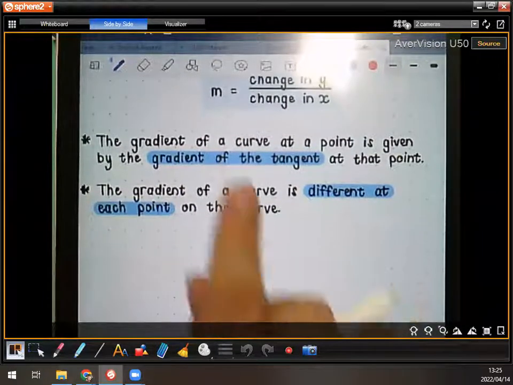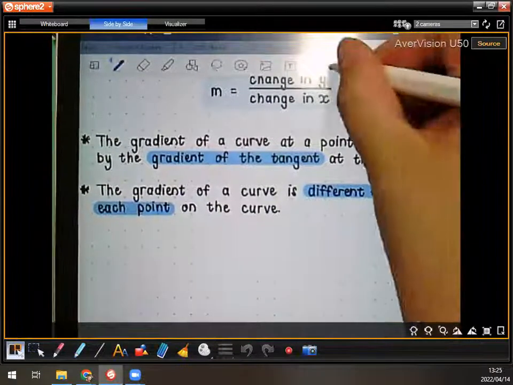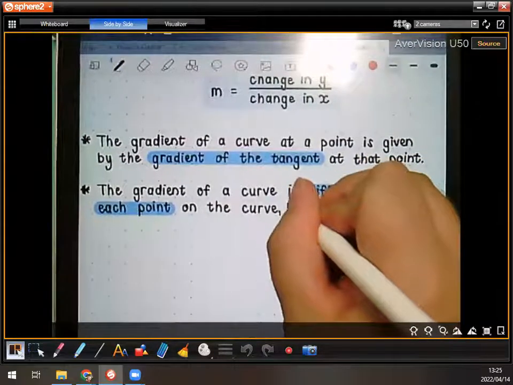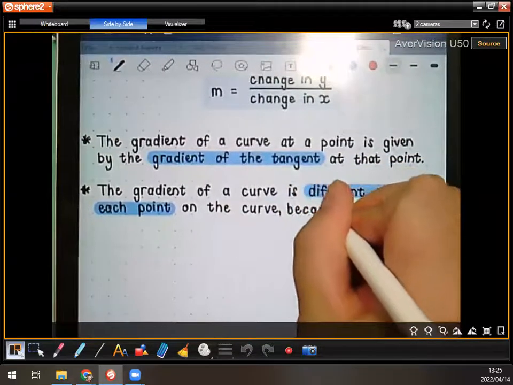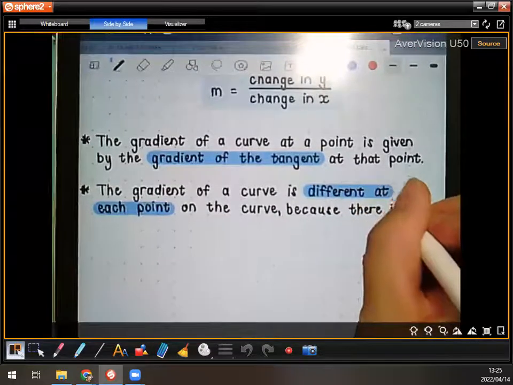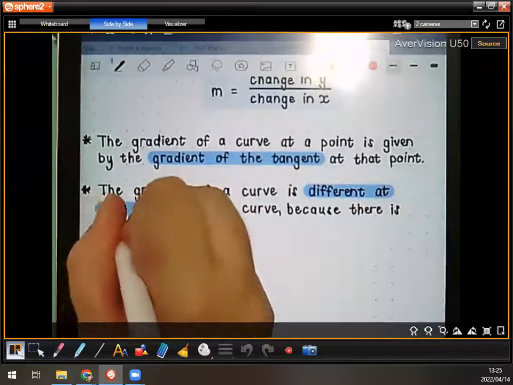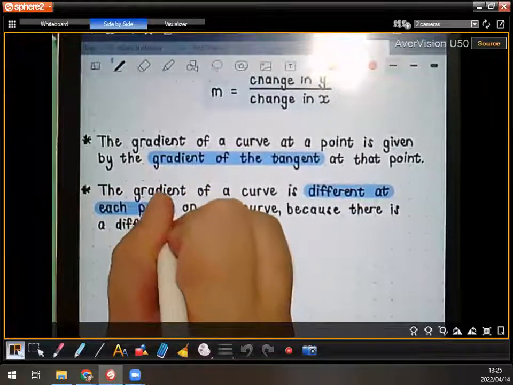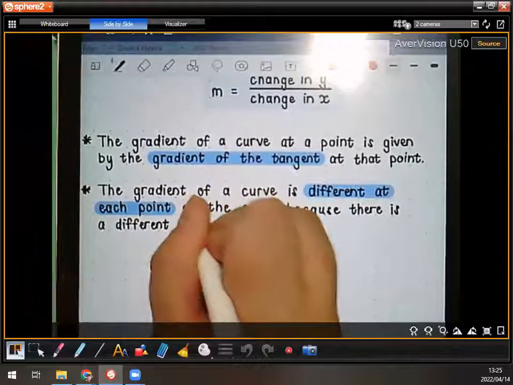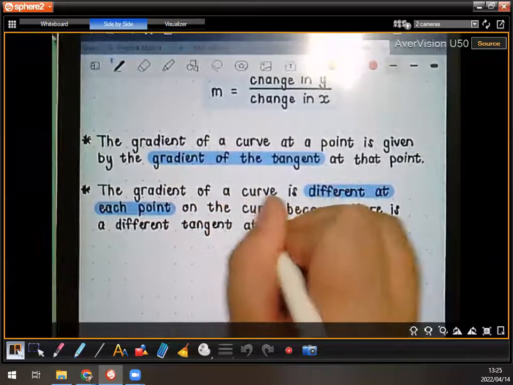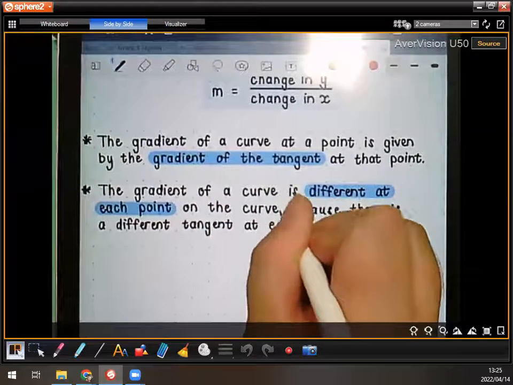So the gradient of a curve is different at each point of the curve, because there is a different tangent at each point.